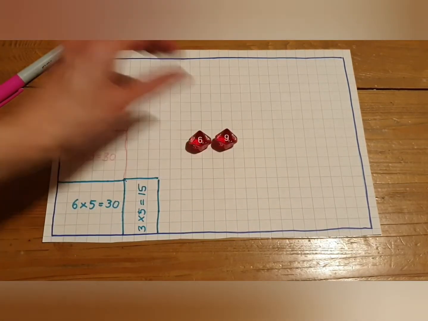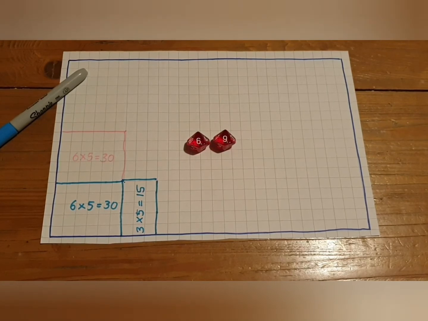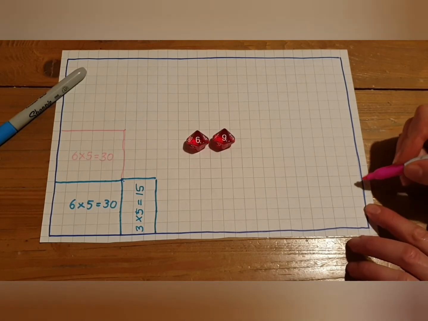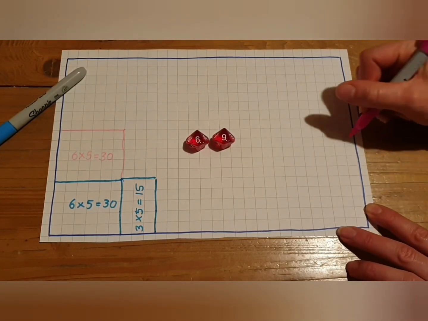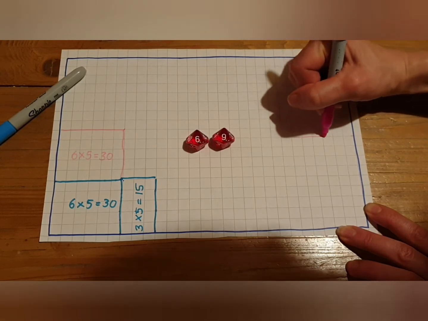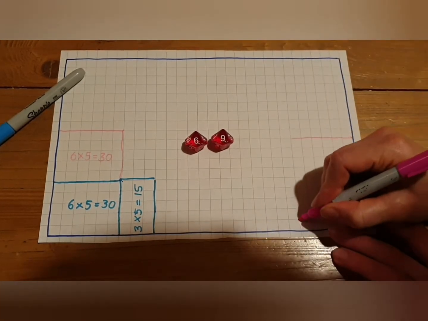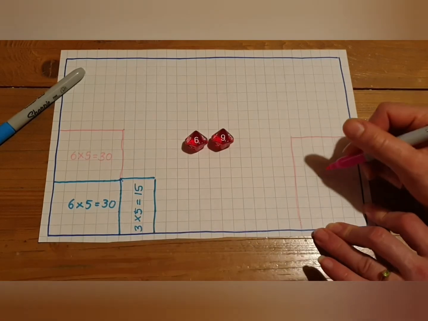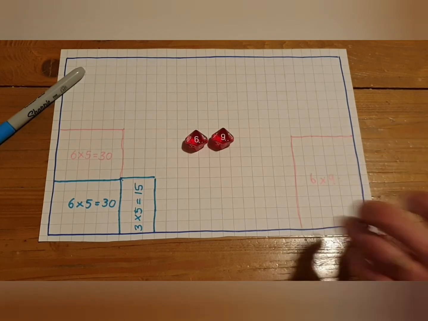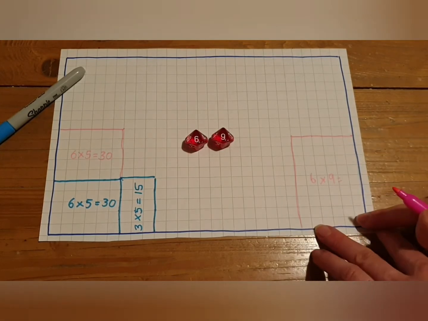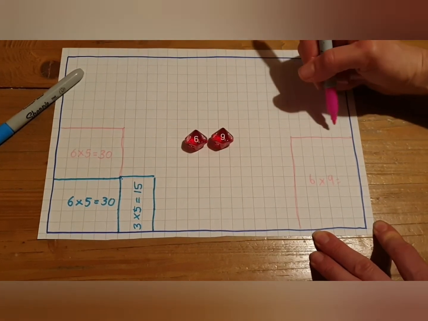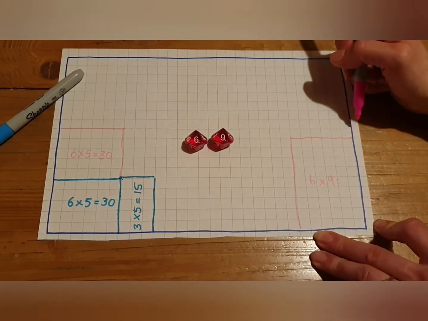And this player has got 6 times 9, so they will draw a rectangle that is 6 by 9. And if they don't know what 6 times 9 is, then they can remind themselves that if they had made a rectangle that had one extra 6, they would have 6 times 10.